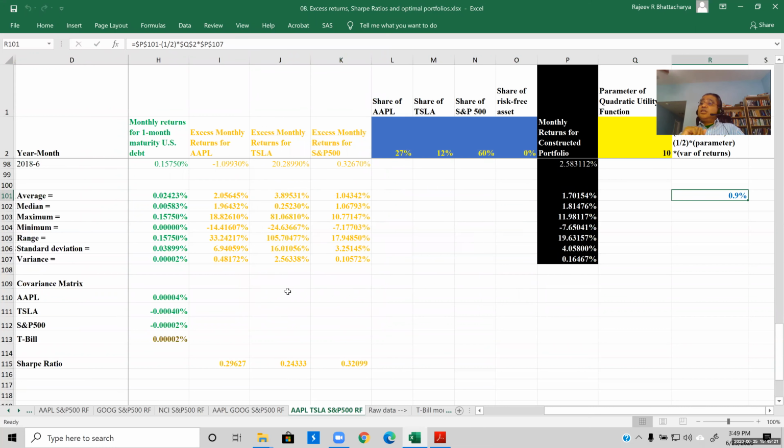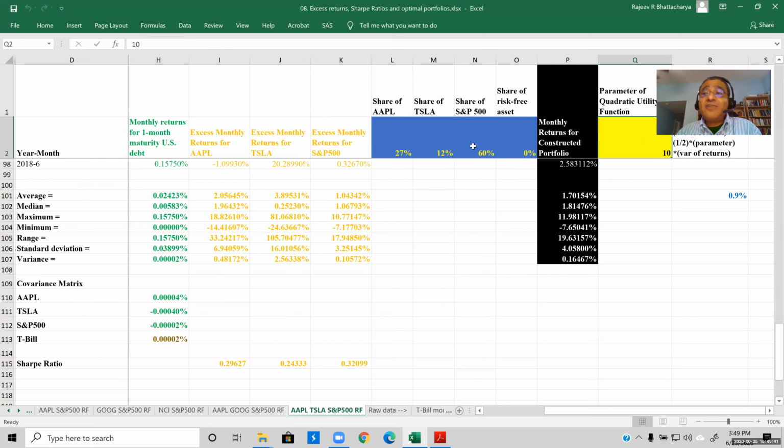And this is an interesting interior solution. Well, it's not fully interior because the share of the risk-free asset is 0. Now this is the thing, you are quite risk averse.